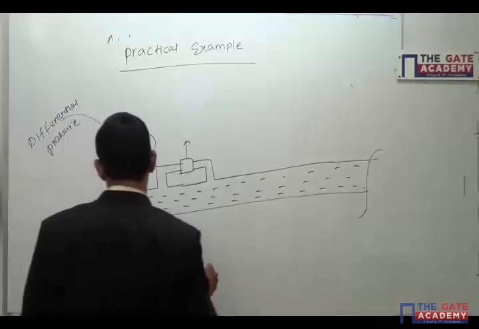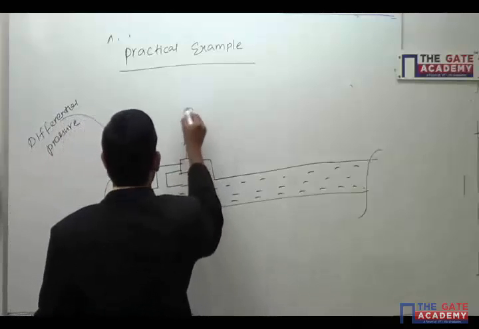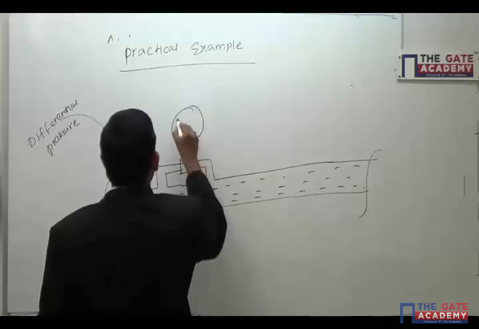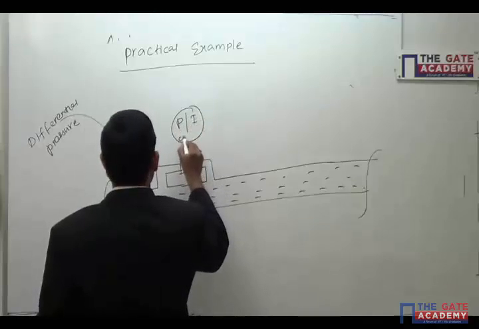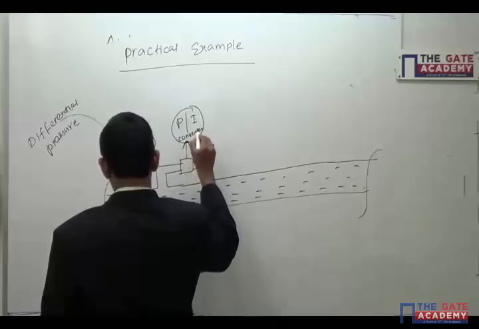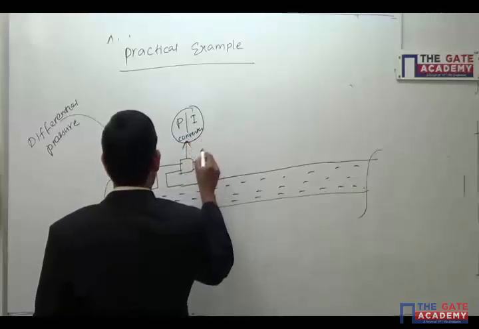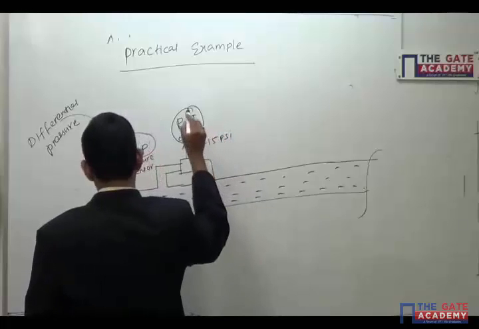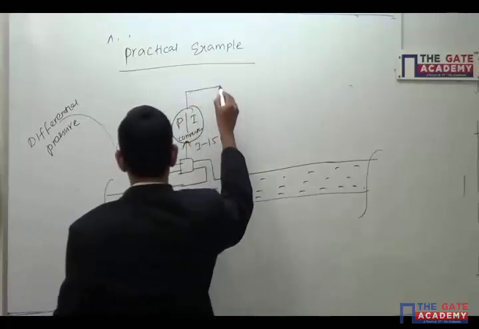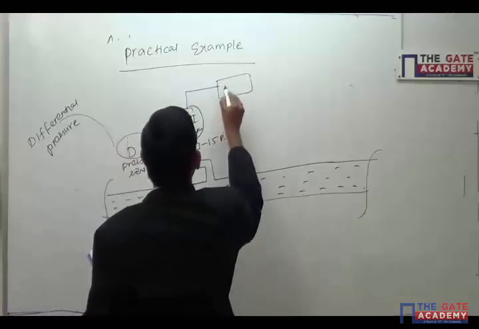So this output is going to a P to I converter. This will give 3 to 15 psi. This is going to a controller.